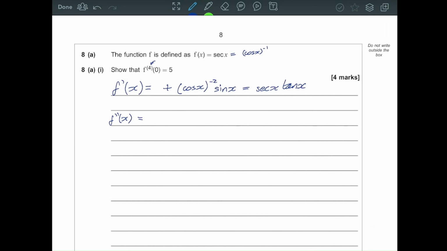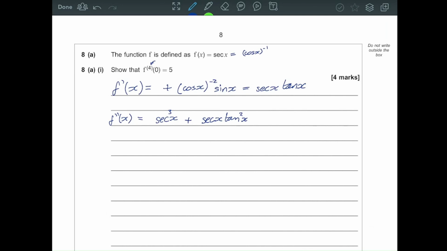The second derivative though, let's do the product rule. We're going to have sec multiplied by the differential of tan, which is an extra sec squared, plus the tan multiplied by the derivative of sec. So the sec differentiates to sec tan, and we still have a tan left over.